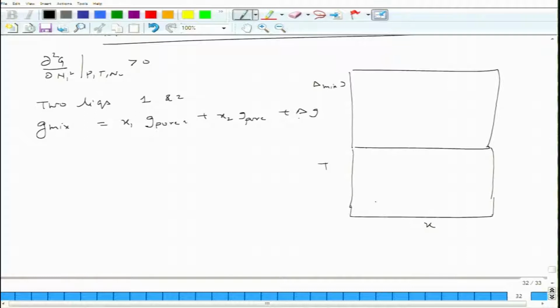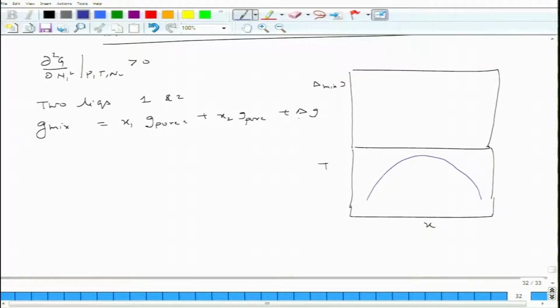Typically, if you recall your simple vapor liquid phase diagram, this is a curve which is your binodal curve, and we always talk about what would be the typical free energy at this point, the second derivative.